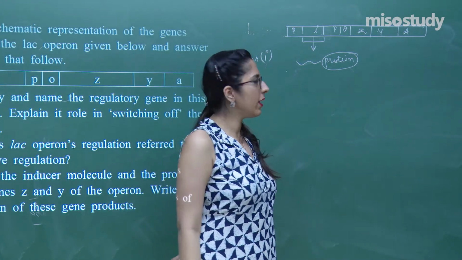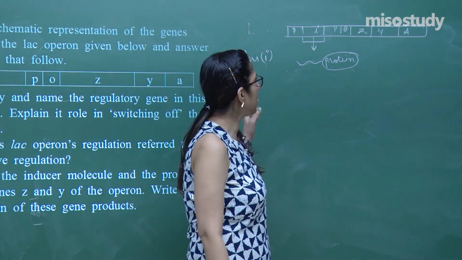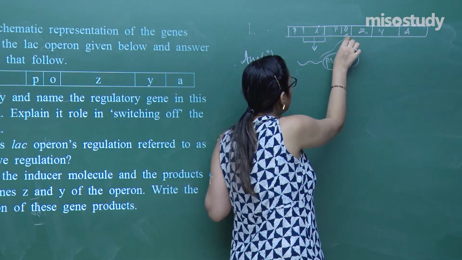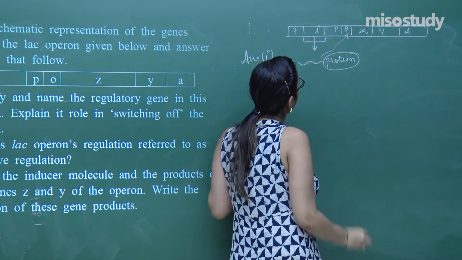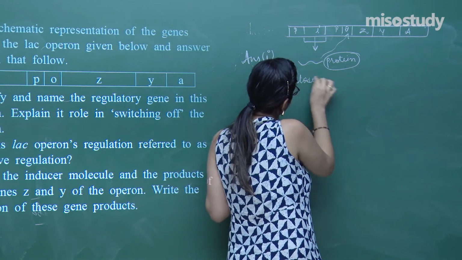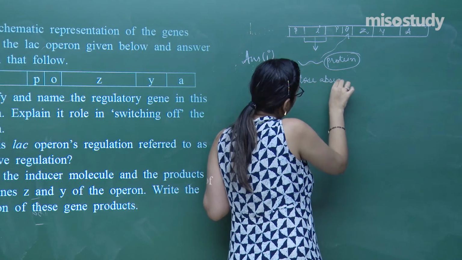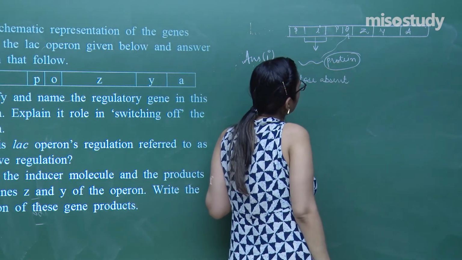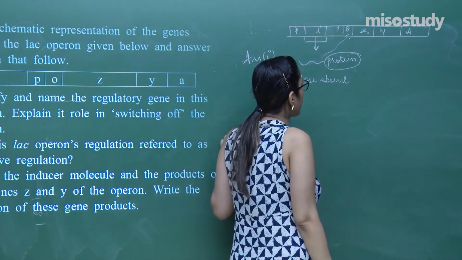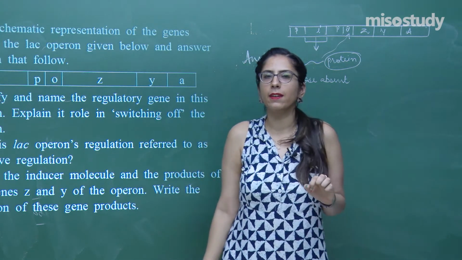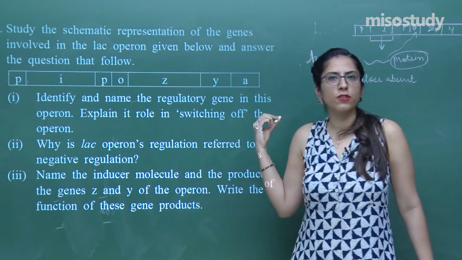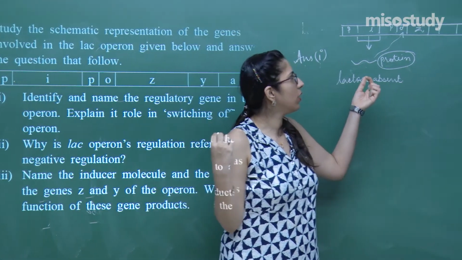Whenever lactose is not present in the medium, they will go and bind to the operator region. Because they code for certain proteins which have a tendency to bind to the operator region, that's why it is called a regulatory gene. So the first answer is clear. When lactose is not present, they will bind to the operator region.